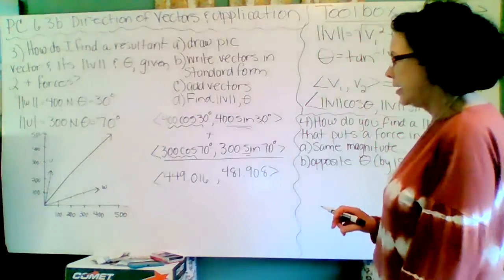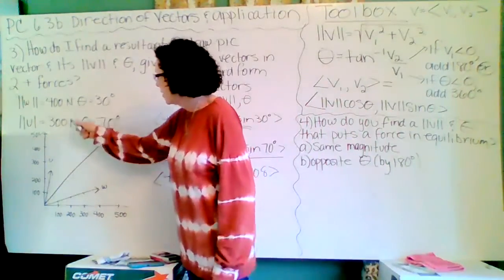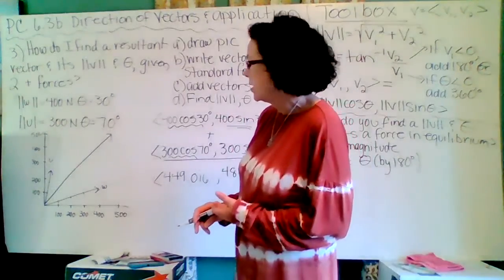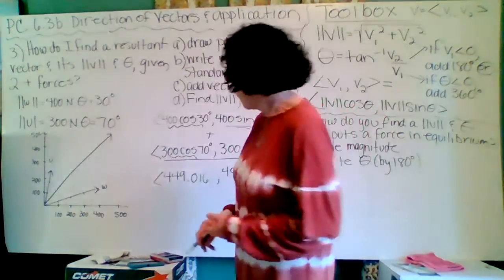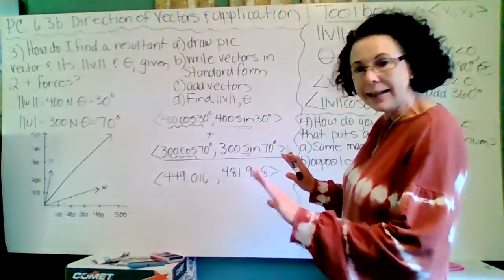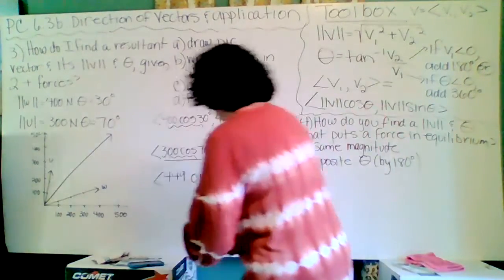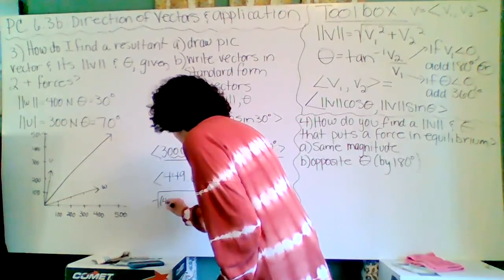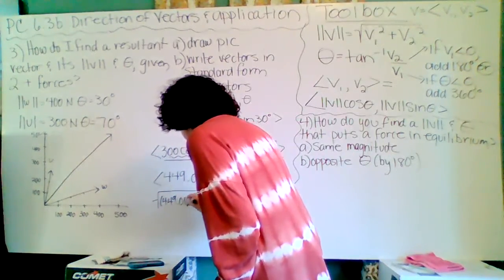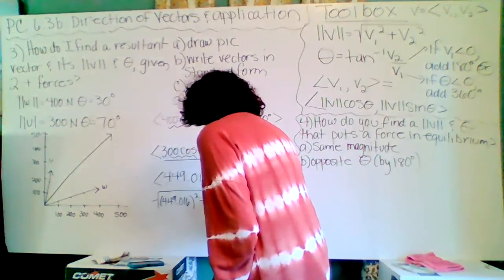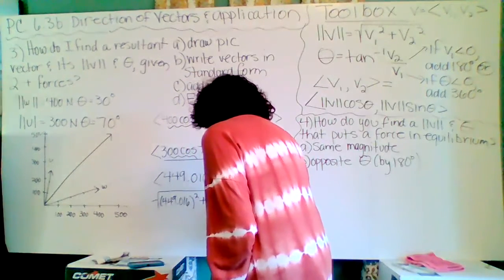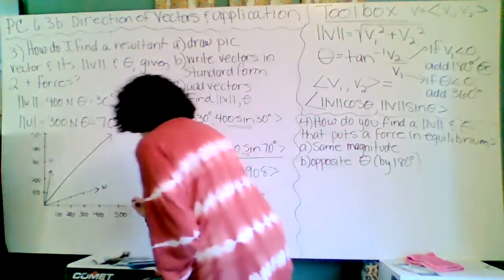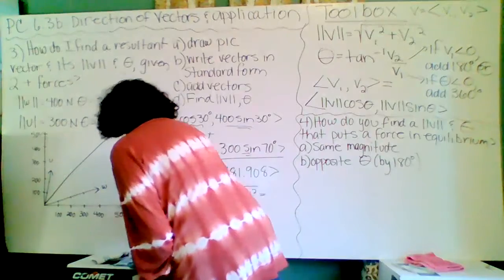Notice that if these vectors were going exactly in the same direction, right? All their forces were working in the same direction, that would be 700 newtons, right? But they are working slightly against each other. So let's do the magnitude. I'm going to square 449.016 and 481.908, add them up and take the square root, and that is going to be our magnitude.